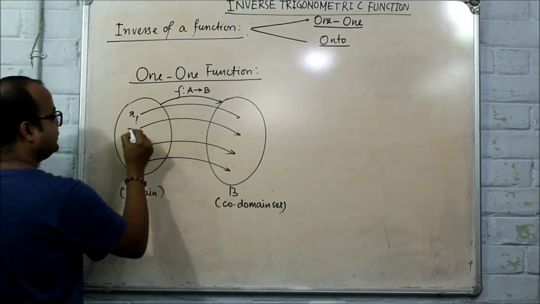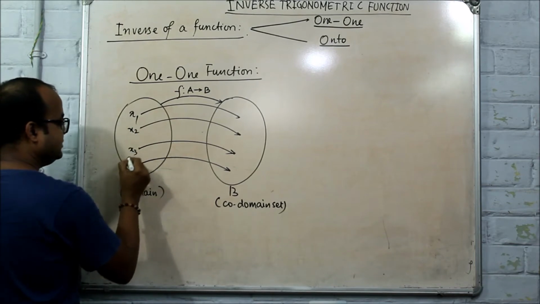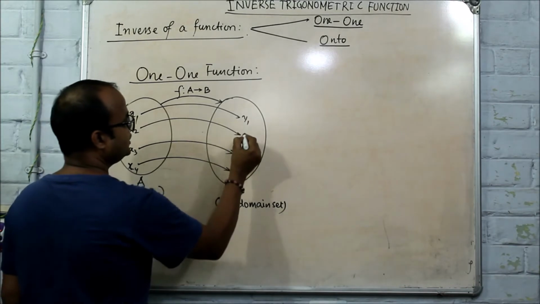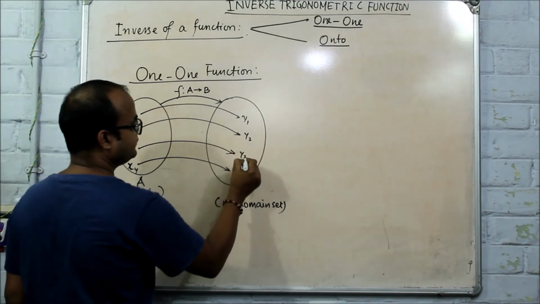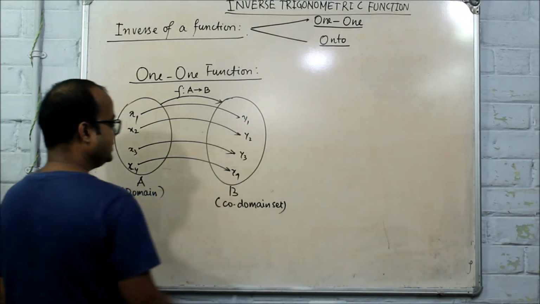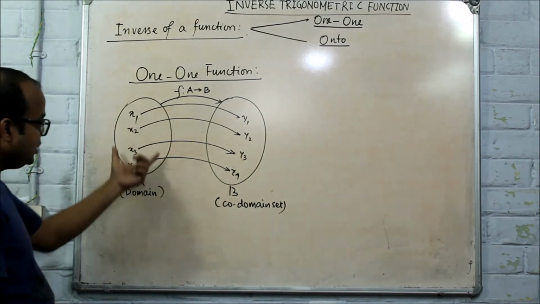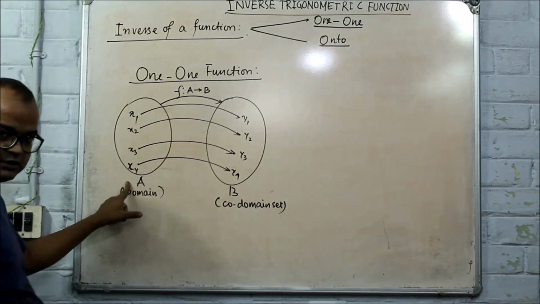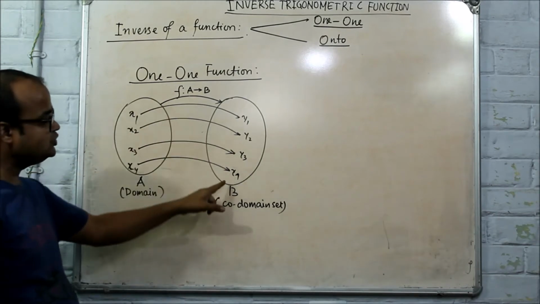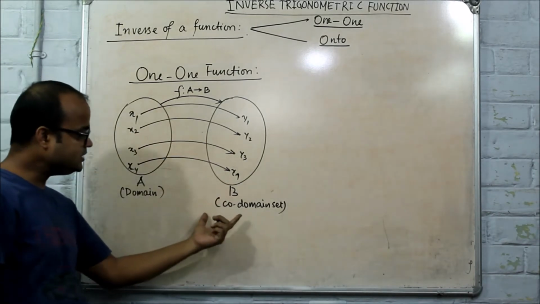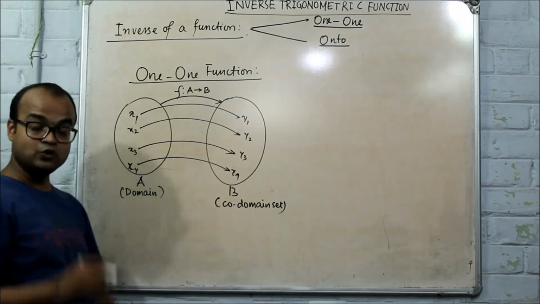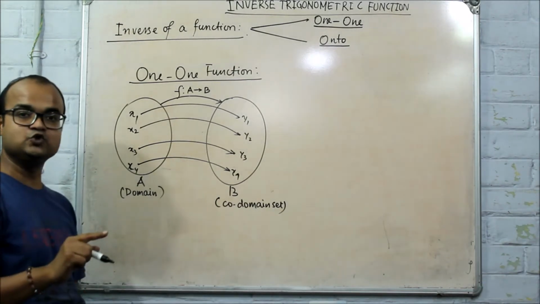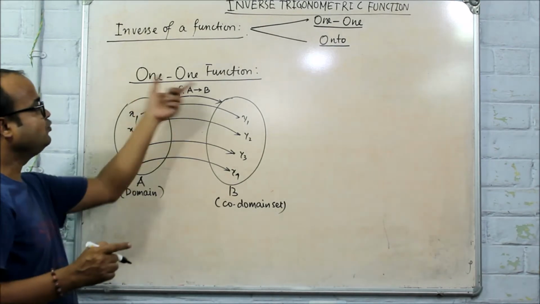Suppose x1, x2, x3, x4 map to y1, y2, y3, y4. So for all elements belonging to the set A, if there exists a unique image in set B, that is the codomain set, then the function is said to be a 1-1 function.